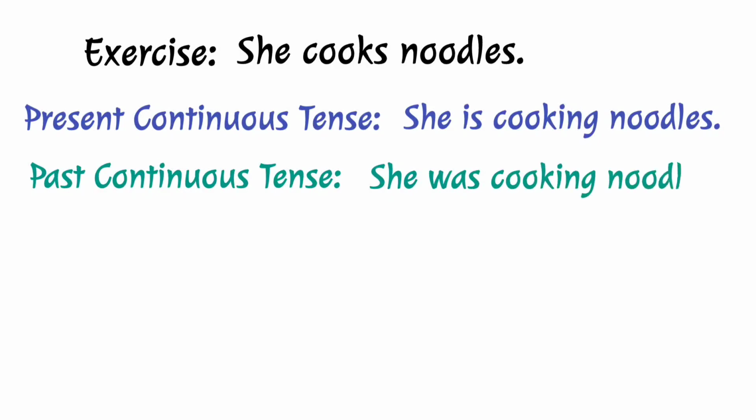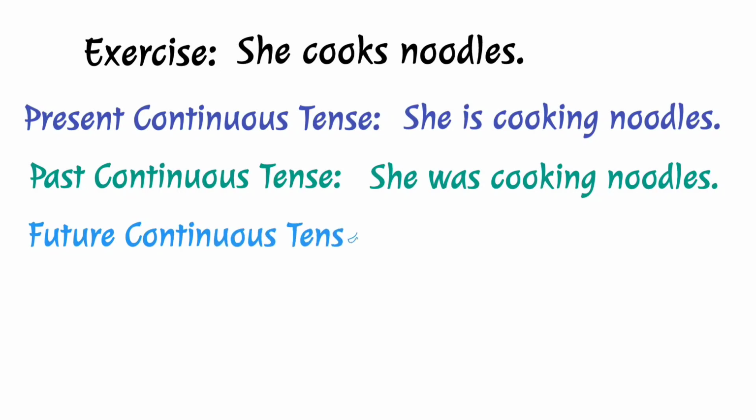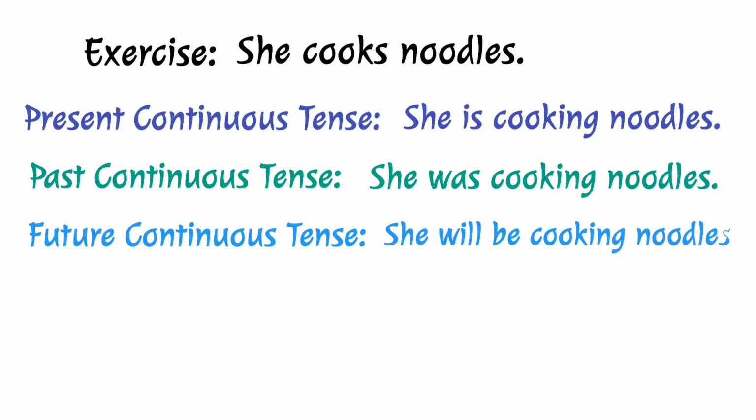The verb is was cooking. Don't forget the pattern. The last is future continuous tense. We have to use will be, right? So the sentence will be she will be cooking noodles. Okay, so that's all about continuous tenses.